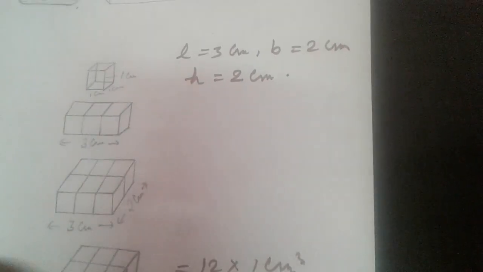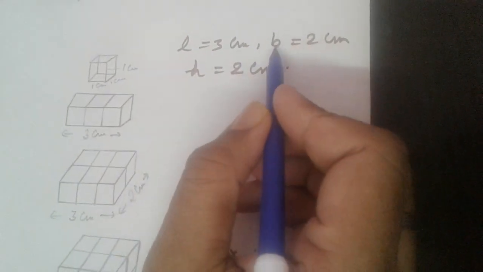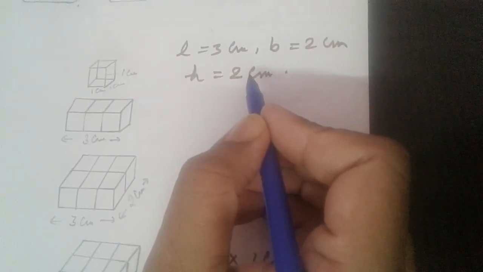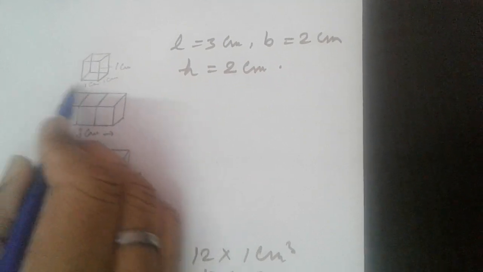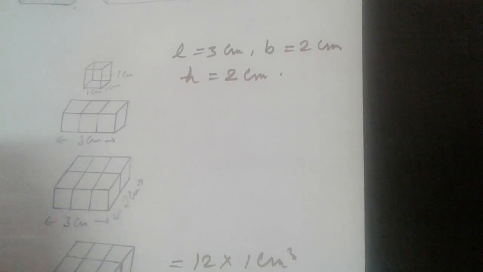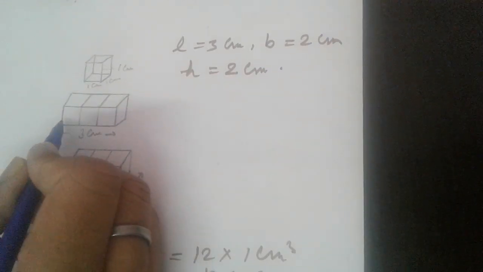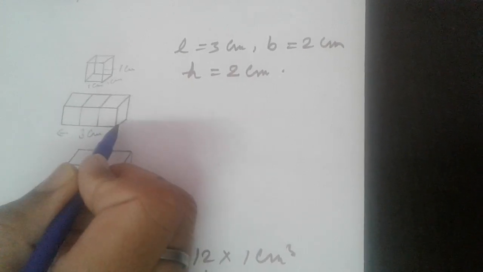Suppose we have to find the volume of cuboid whose length equals to 3 cm, breadth equals to 2 cm and height equals to 2 cm. We will find with the help of cubes whose each side is 1 centimeter. So we will place 3 cubes of 1 centimeter cube, 1, 2, 3, to make length 3 centimeter.